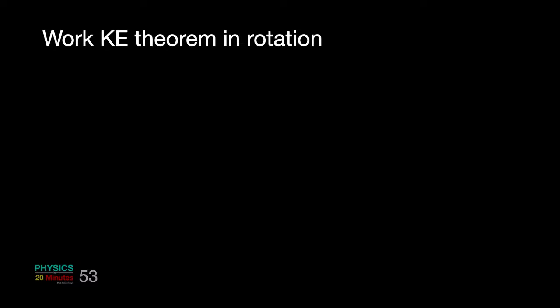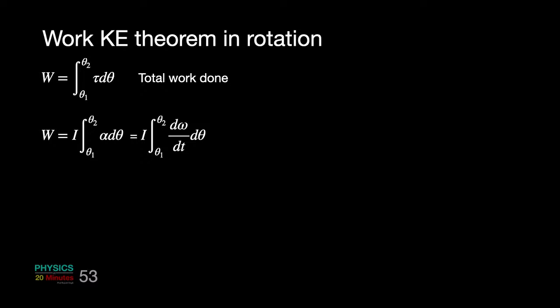Now let's prove the work kinetic energy theorem in rotation. That's very straightforward. We have already achieved this integral in the last slide. All I can do is replace torque by I times alpha, where I is the moment of inertia and alpha is the angular acceleration. And I assume that I is constant, so I will take it out from the integral.